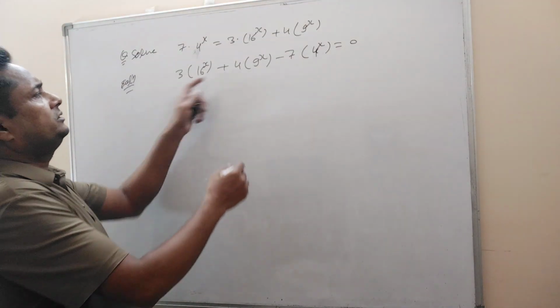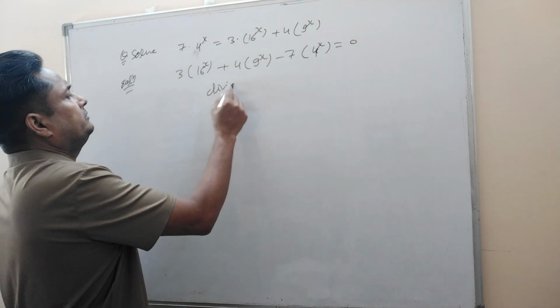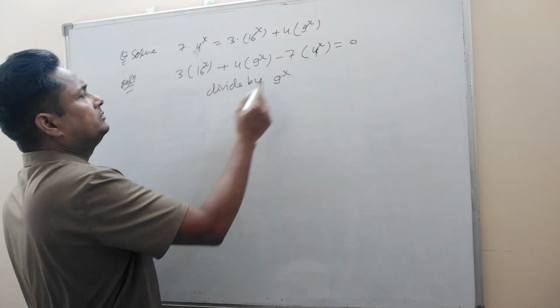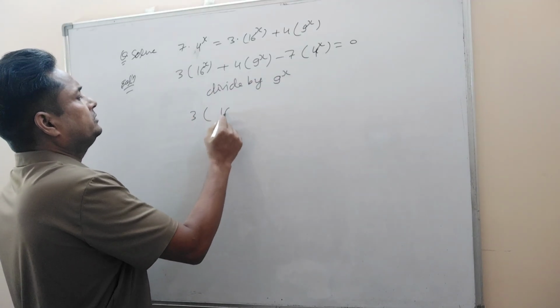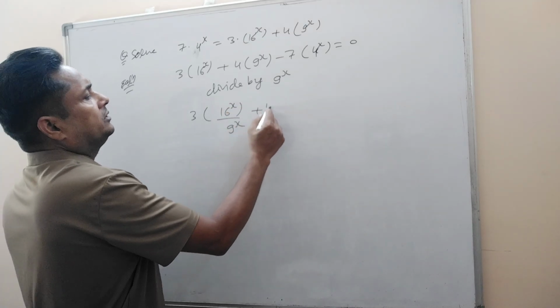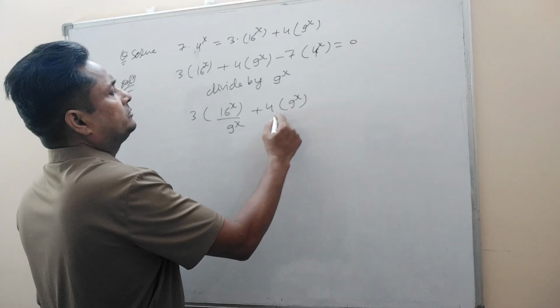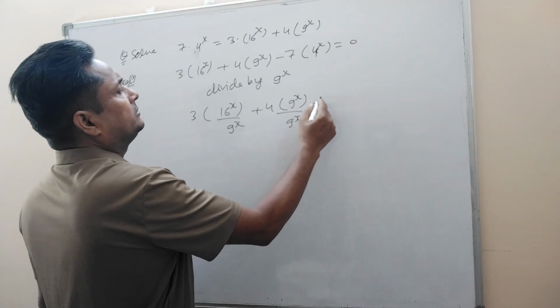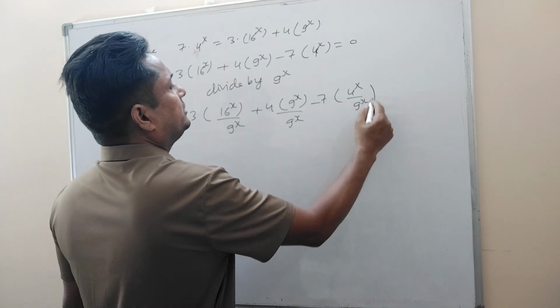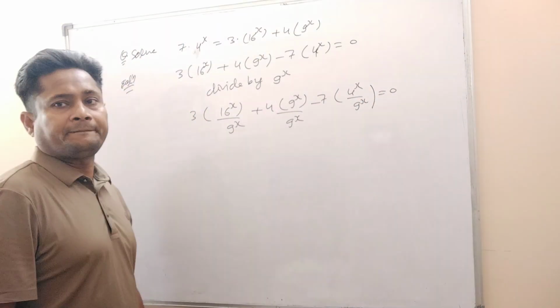Now divide the whole equation by 9 to the power x. So this will be 16 to the power x by 9 to the power x plus 4 times 9 to the power x by 9 to the power x minus 7 times 4 to the power x by 9 to the power x is equal to 0.